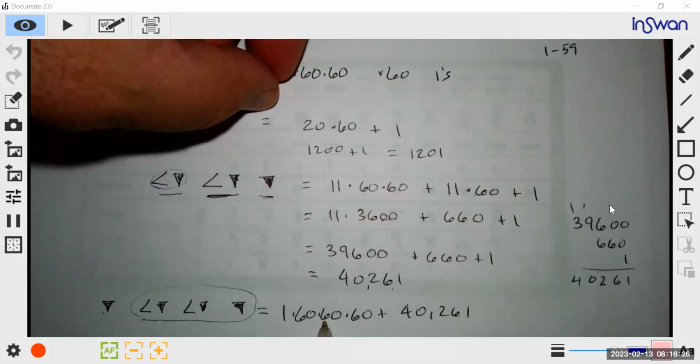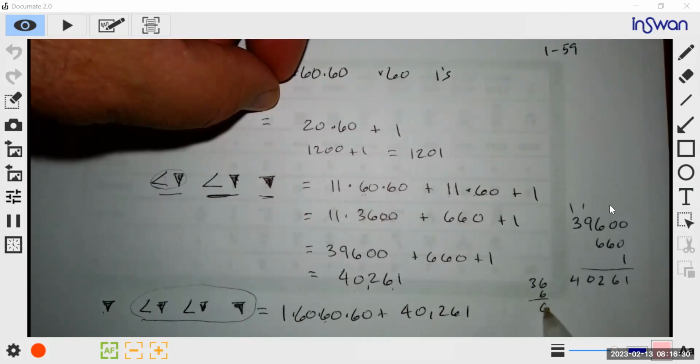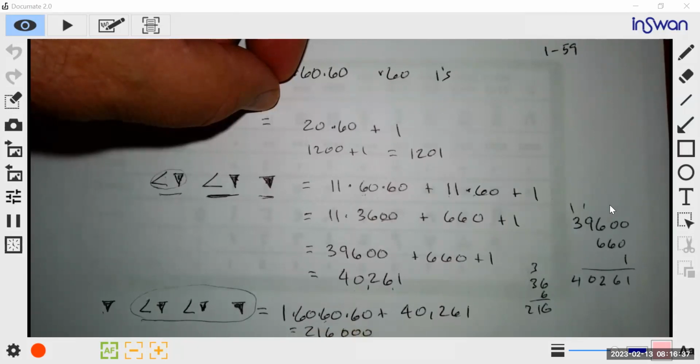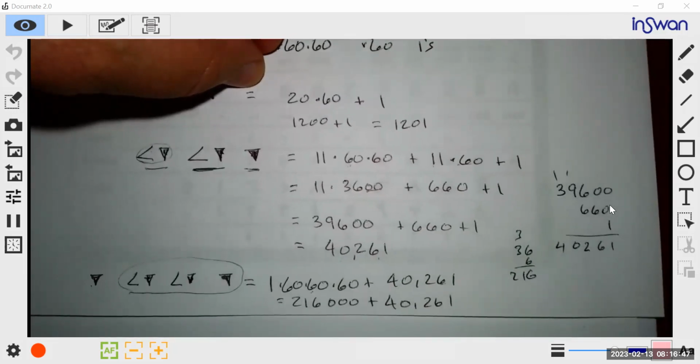6 times 6 is 36. 36 times 6 is 216 with 3 zeros. This right here equals 216000.